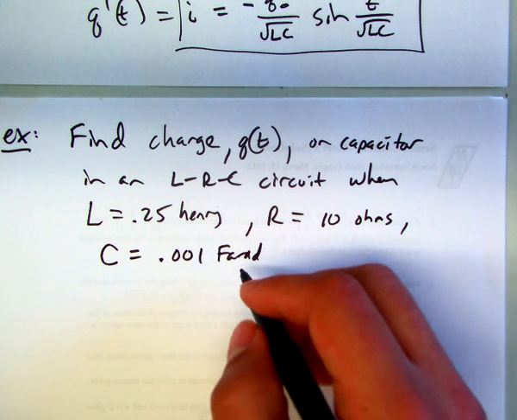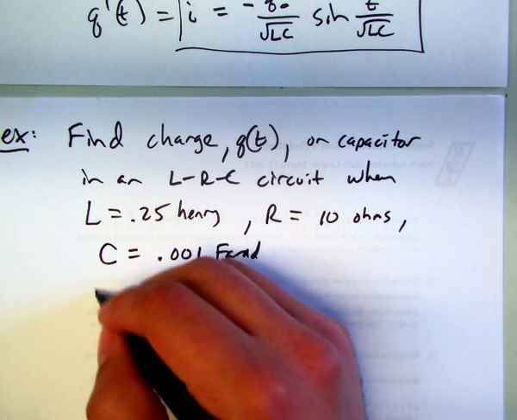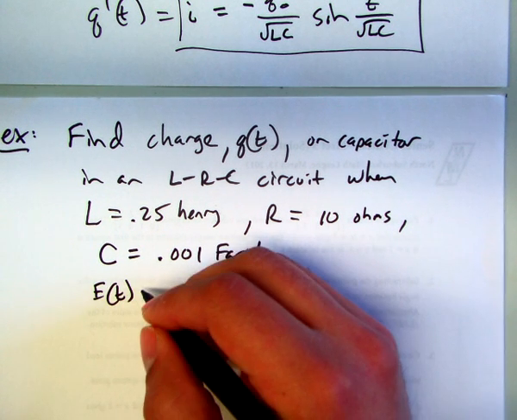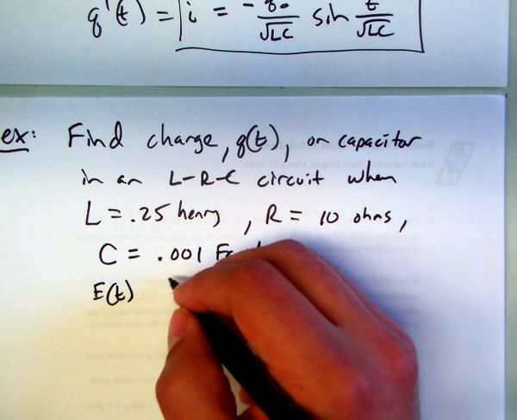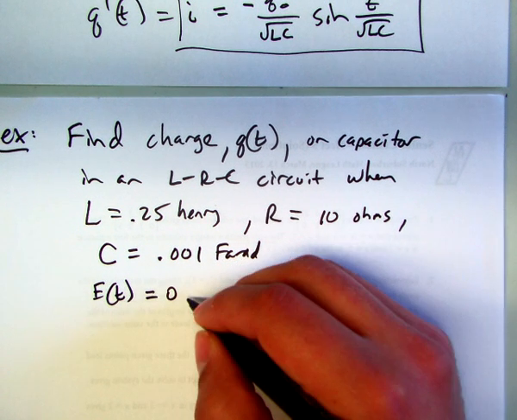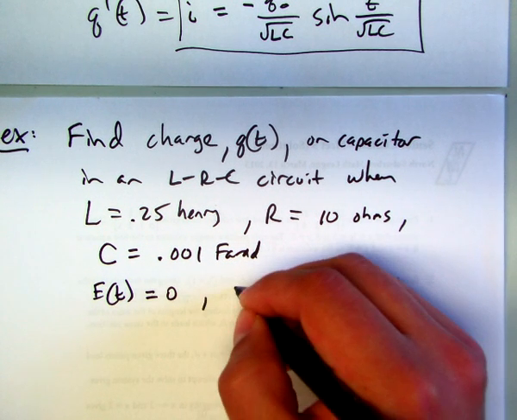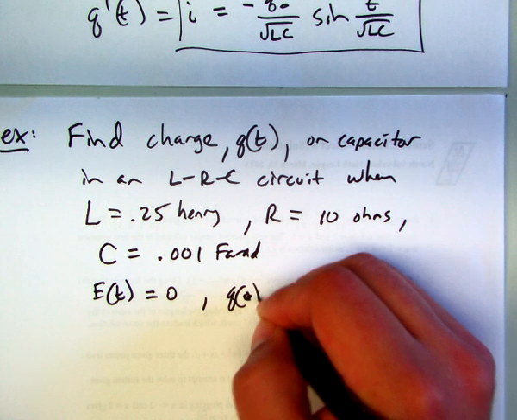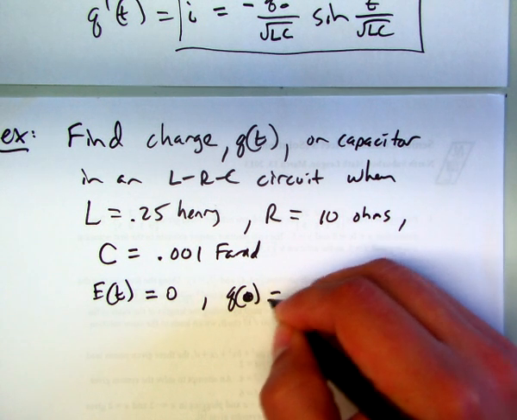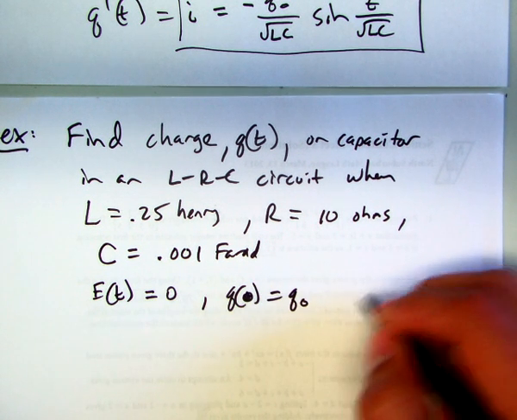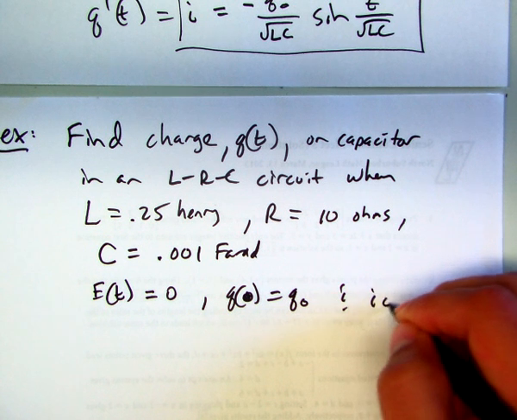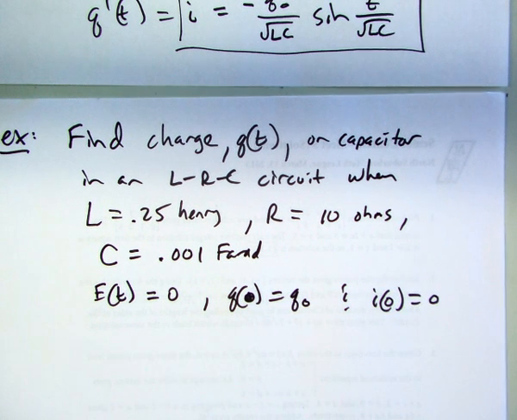And let's see what else. Say E of t equals 0 initially. Initial charge is Q naught. And no current initially.